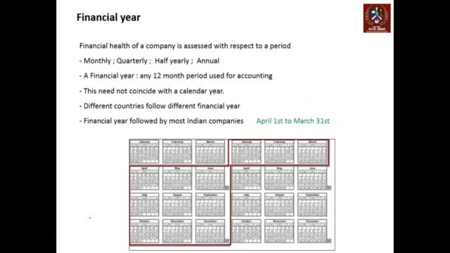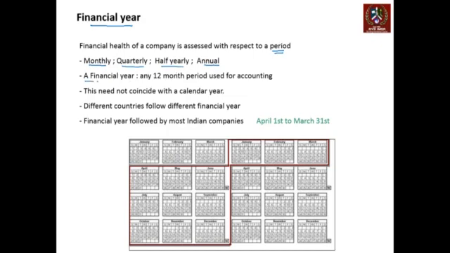Now, when you're looking at a particular company, you have to understand also the concept of what is called a financial year. You will eventually have to break down the performance of the company in terms of periods. So you either take a monthly performance, a quarterly performance, a half yearly performance, or an annual performance, right?